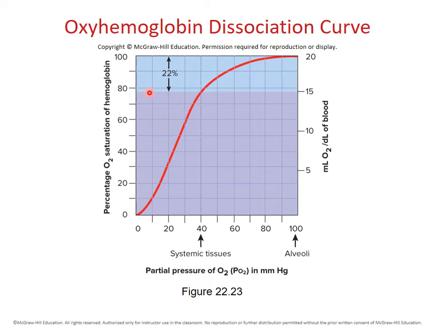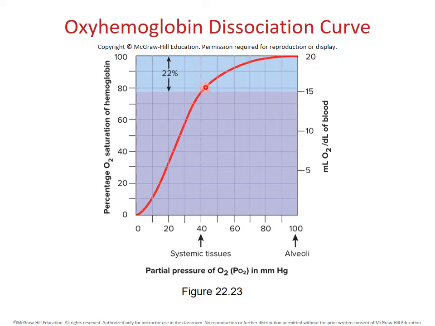About 78%. So what we're seeing here is that the PO2 of the plasma, in which the erythrocytes are bathed, the PO2 of the environment, in other words, affects the affinity of hemoglobin for oxygen. I'll say that again. The PO2 of the environment affects the affinity of hemoglobin for oxygen.